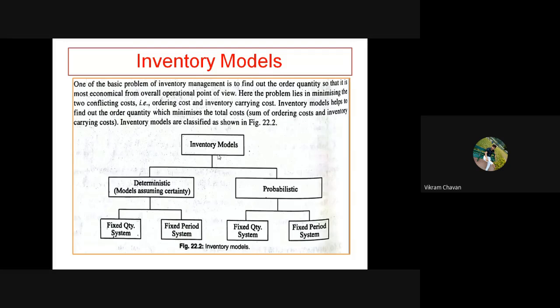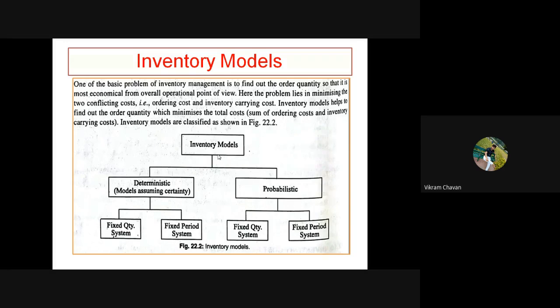The seasonality of a product and the trends of a market are uncertainties associated with the product or market situation, and these can be accommodated in the probabilistic model. So most of the time, business owners prefer the probabilistic model over the deterministic model.